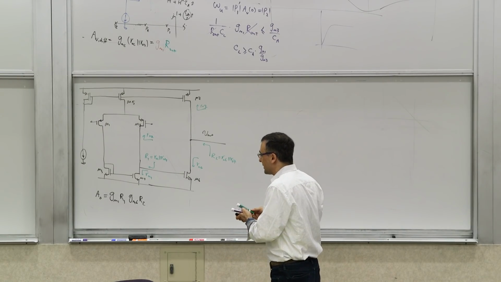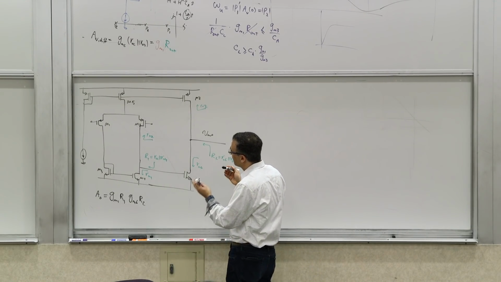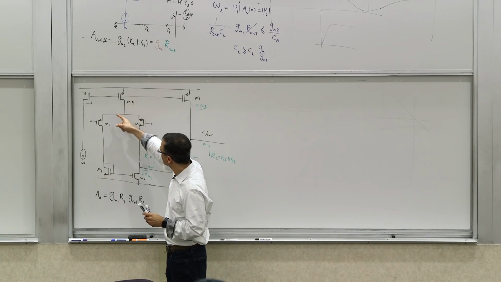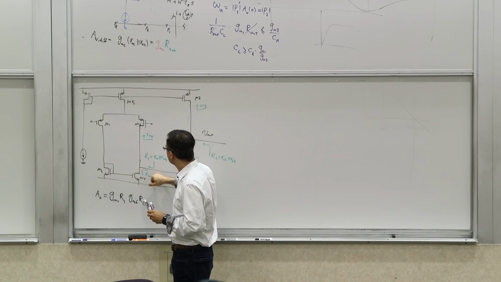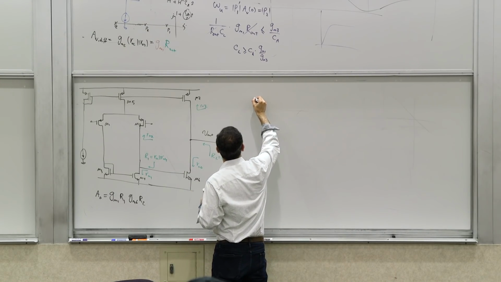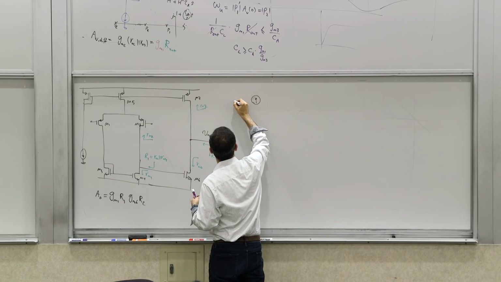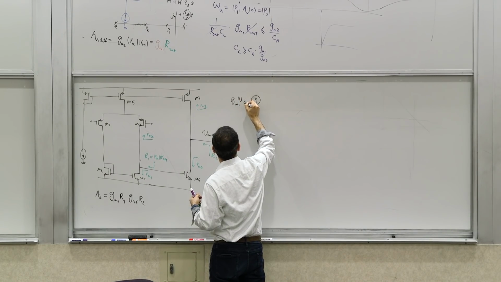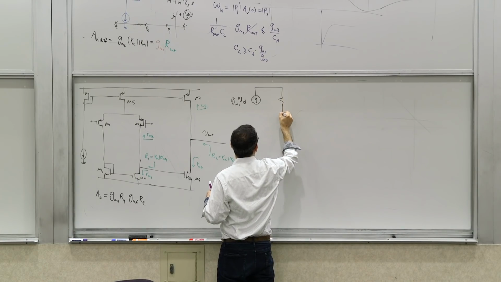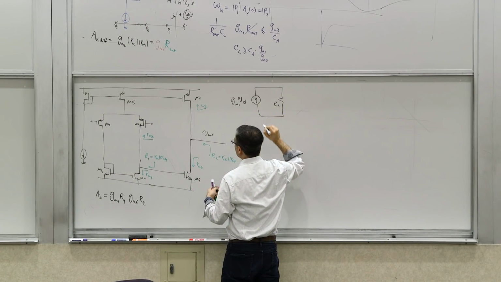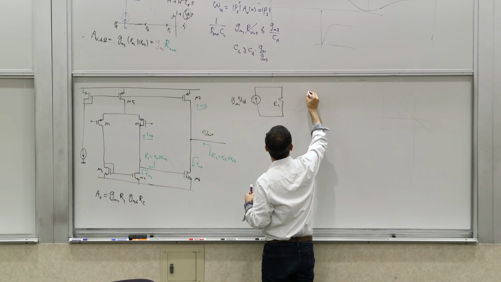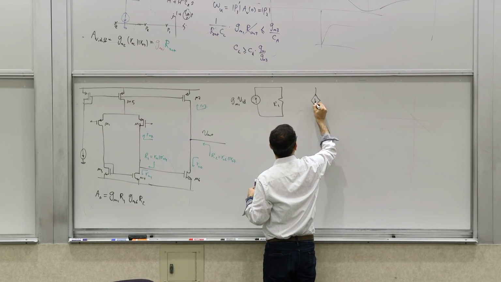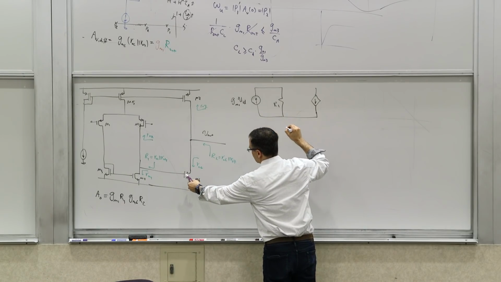Now, if you think about it, you can actually draw an equivalent simplified model for this. Because this whole stage is producing a voltage here, it's like a current source driving with GM1 VID, which drives this resistance R1 to produce this voltage that then is used by this transistor M6.